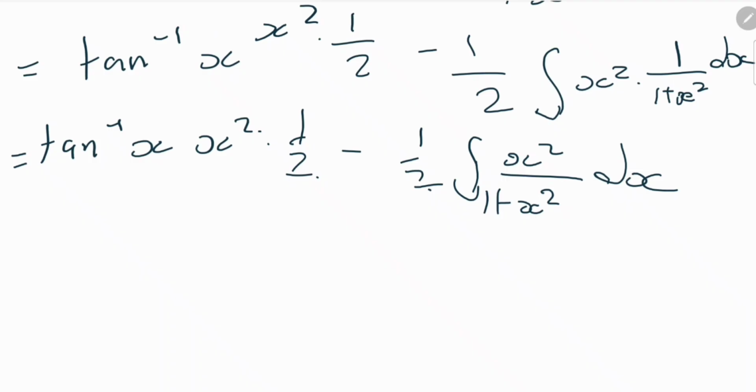Well, x squared is actually the same as 1 plus x squared minus 1. Do you see where I'm going? The positive 1 and the negative 1 cancel out, so we get 0. So x squared plus or minus 1 is 0, which is just x squared.